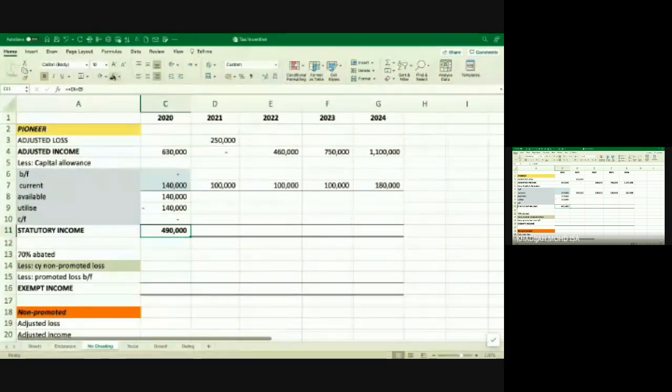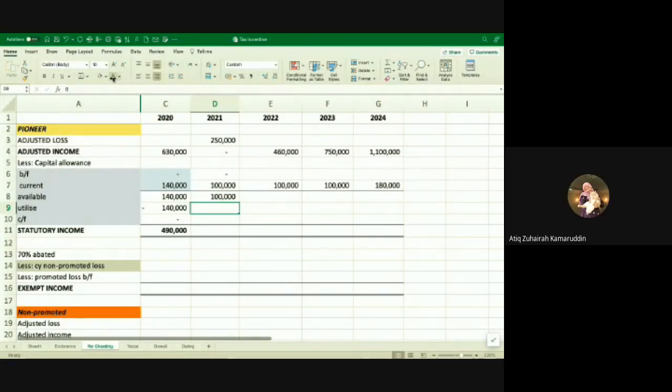Again, for your 2021, there's 0 brought forward. Current year, you have 100. And that means that you have 100 for the available. But how much are you going to utilize? Do you have any adjusted income?